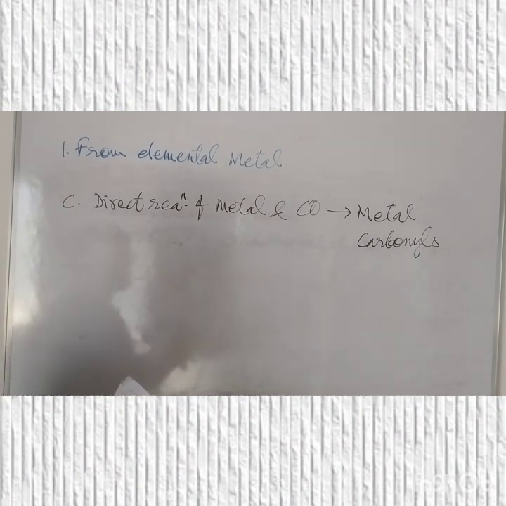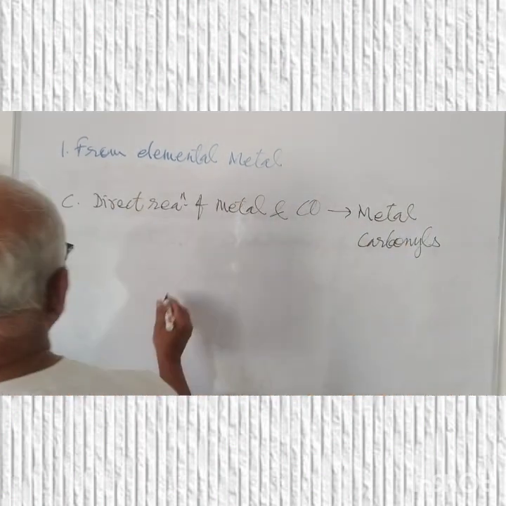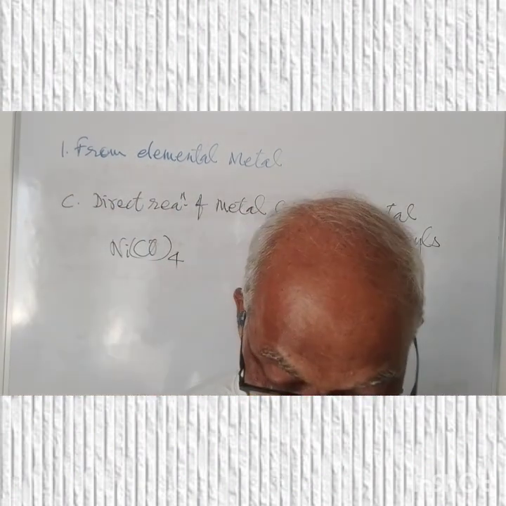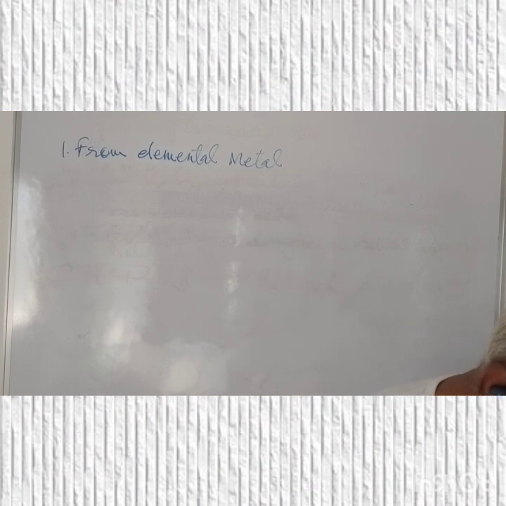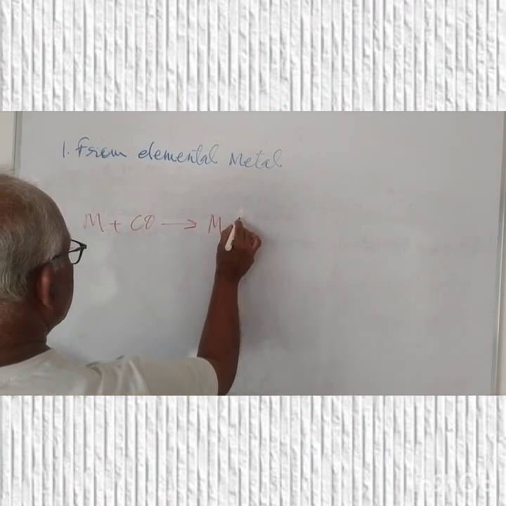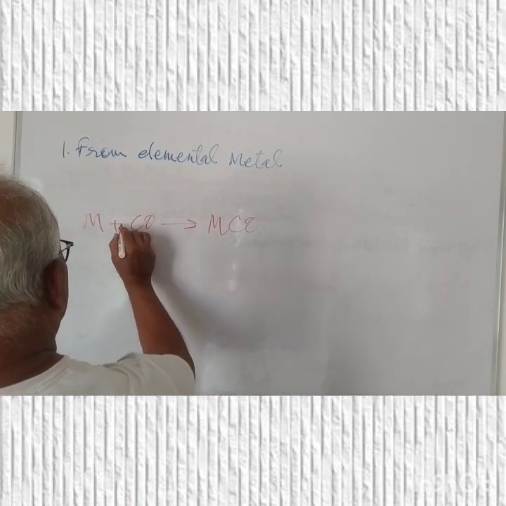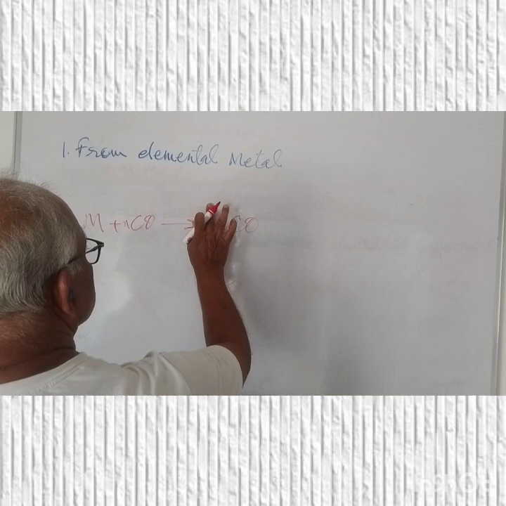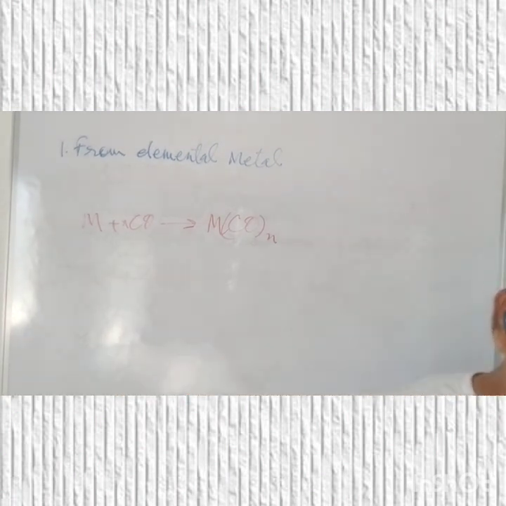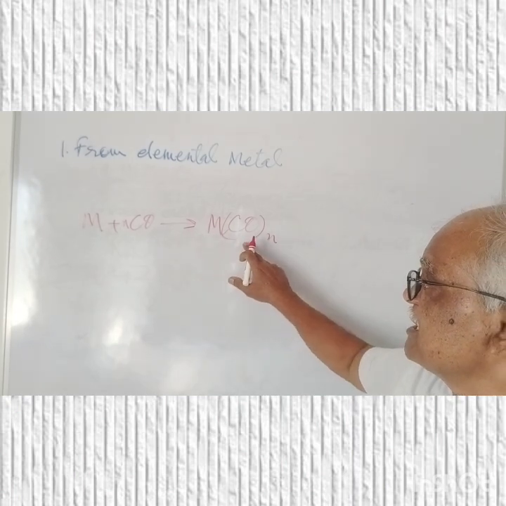For example, nickel and carbon monoxide give nickel tetracarbonyl, Ni(CO)4. This is generally represented as metal plus carbon monoxide gives M(CO)n. Here, nickel with 4 carbon monoxide gives Ni(CO)4.